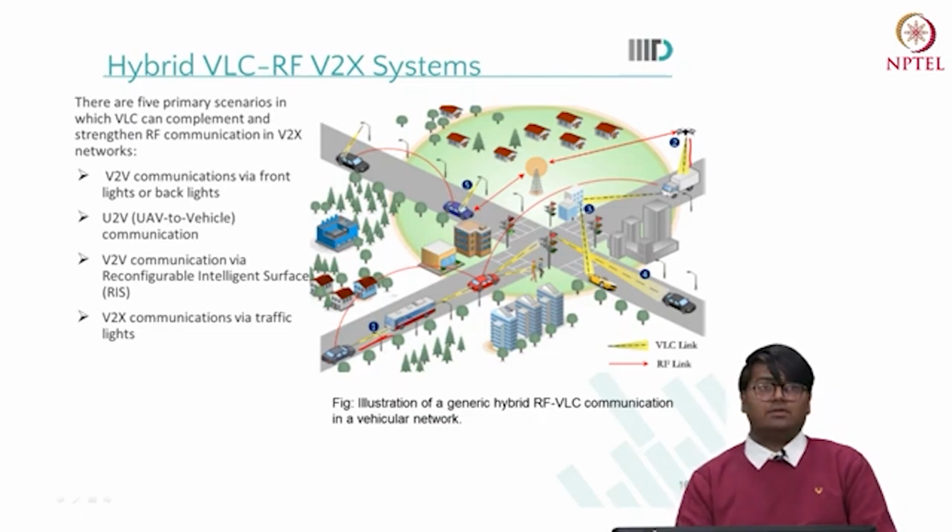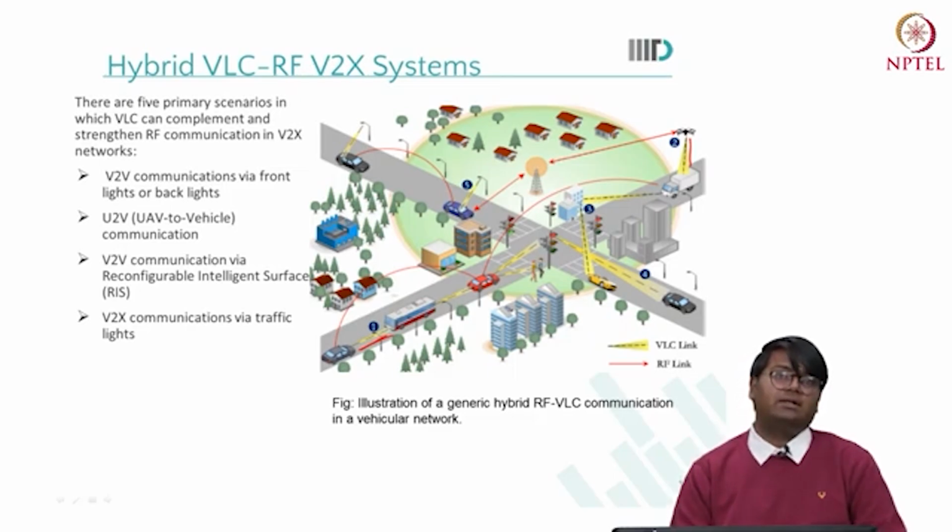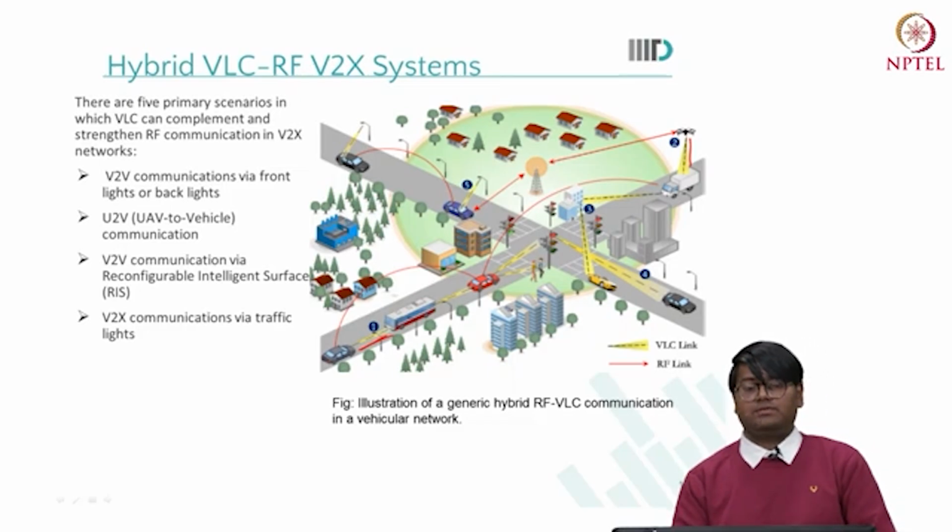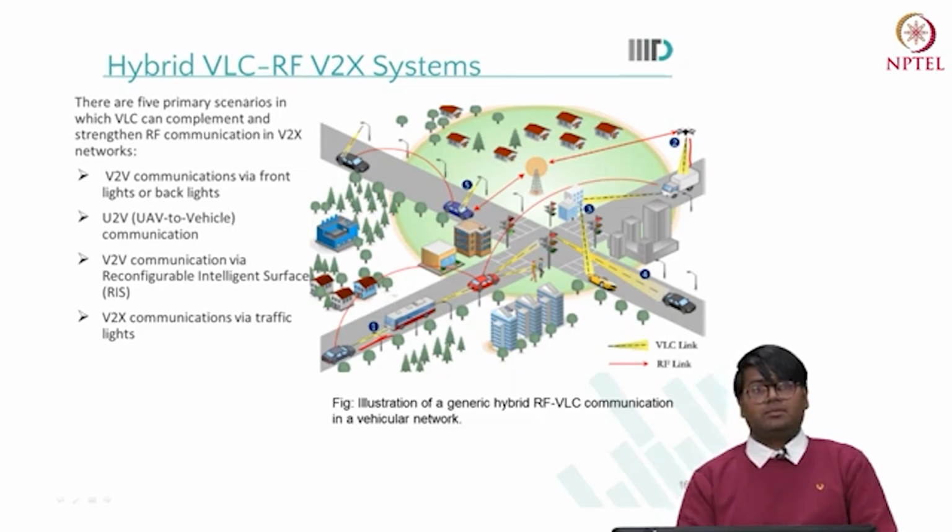This RIS, or reconfigurable intelligent surfaces, may be a new concept to our learners, so I will briefly discuss what this is. Reconfigurable intelligent surfaces make use of numerous materials which can be used for altering the phase, amplitude and the polarization of the incident signal wave to a desired user.